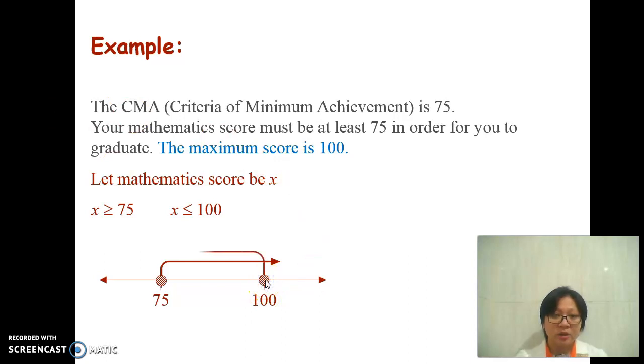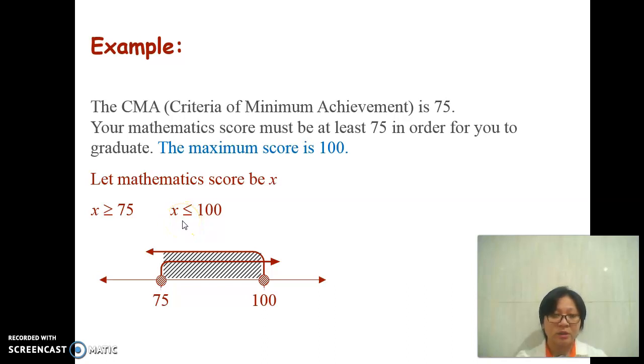So it becomes like this. As you can see, there is an overlapping part or overlapping region here. We need to shade the overlapping region because the overlapping region is the solution for the inequalities.